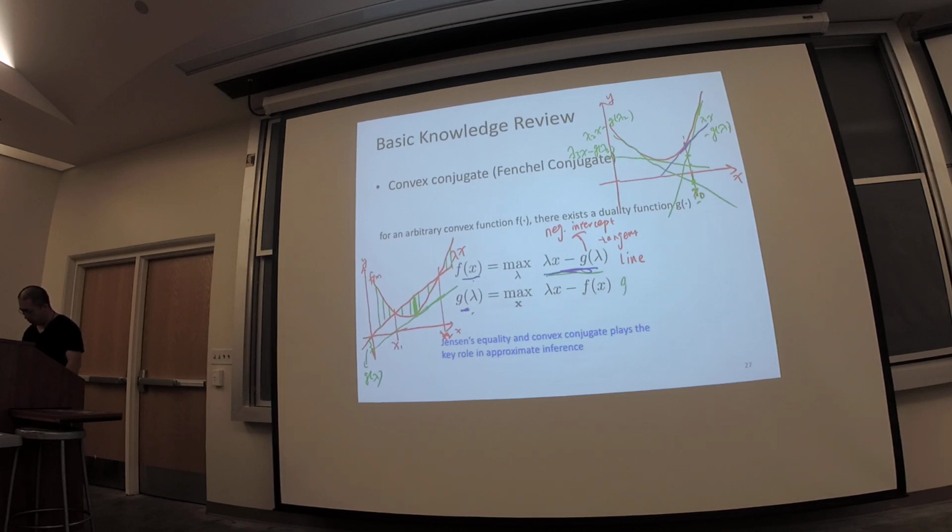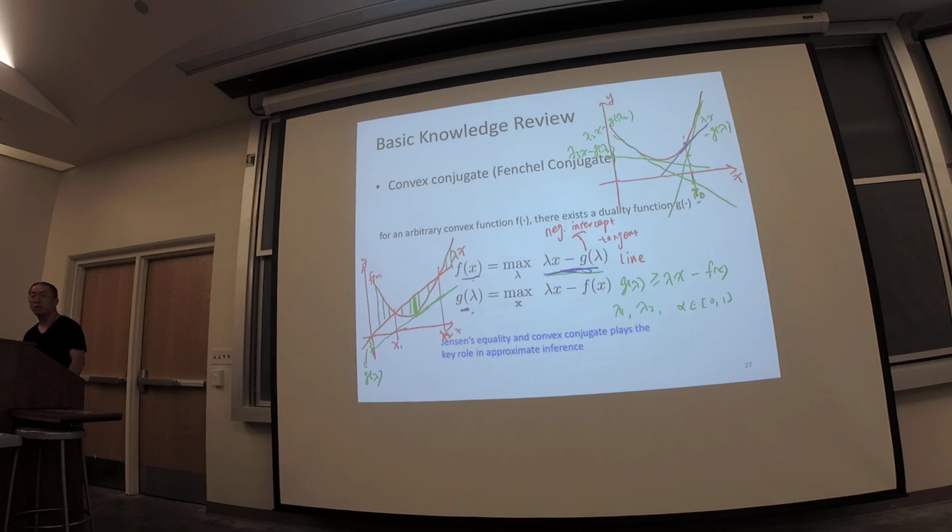So we know that g lambda is the maximum of this lambda x minus fx, right? So for arbitrary lambda and x, we have g lambda is bigger than or equal to lambda x minus fx. Then you can try to incorporate the definition of the convex function. You can introduce arbitrary 2 points lambda 1, lambda 2, and also a coefficient alpha between 0 and 1.